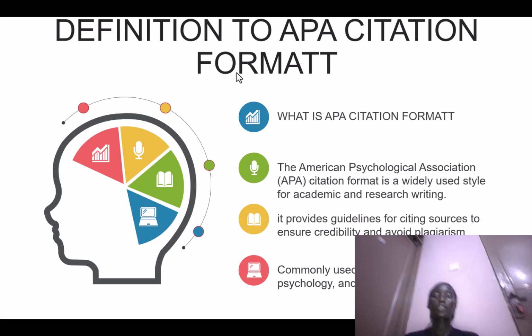So, the definition of APA citation format. APA in full is the American Psychological Association. Citation format is a widely used style for academic and research writing. Most institutions basically use the APA format of citation.